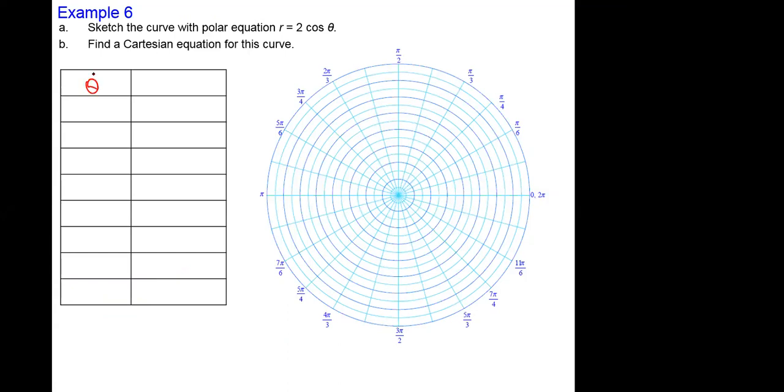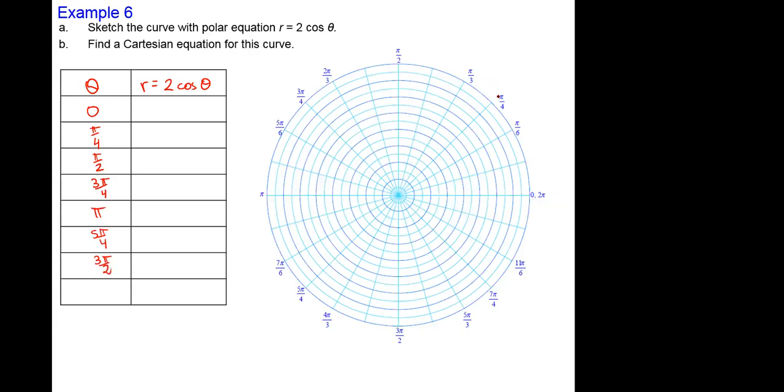I will find a few points, theta, and then we will compute r, 2 times cosine of that theta. Okay, and let's say 0 degrees, pi over 4, pi over 2, 3 pi over 4, pi. Maybe I can add a few points for 5 pi over 4, 3 pi over 2.